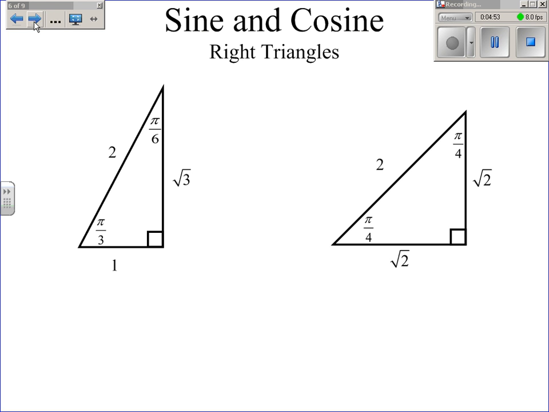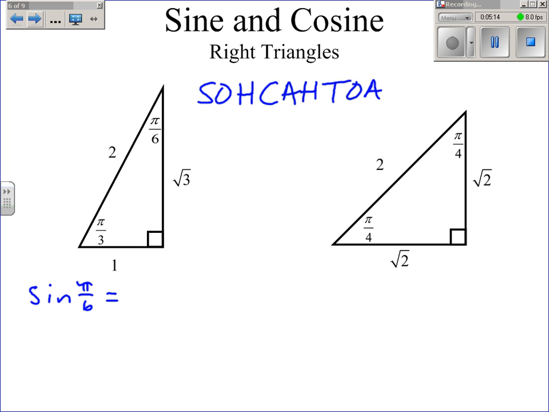When finding trig functions in right triangles, use SOHCAHTOA. Sine is opposite over hypotenuse, cosine is adjacent over hypotenuse, tangent is opposite over adjacent. Therefore, the sine of pi over 6 is 1 over 2, or 1/2. And the cosine of pi over 6 is square root 3 over 2.